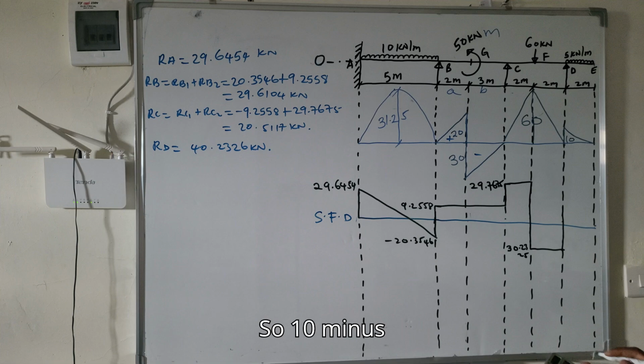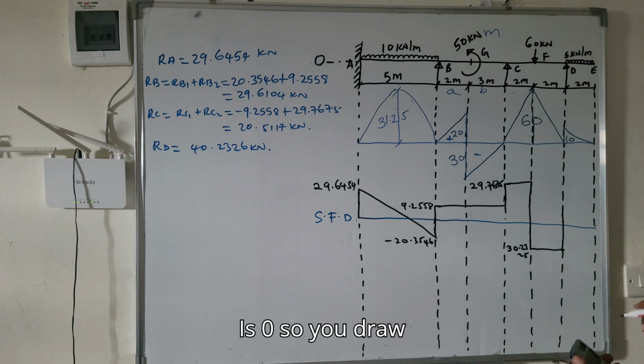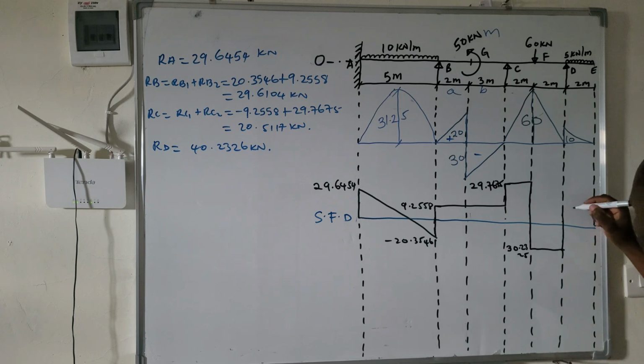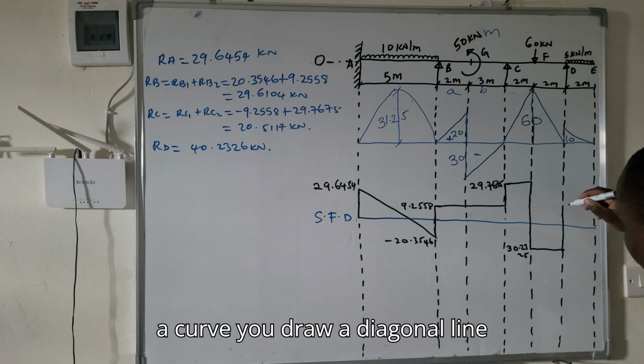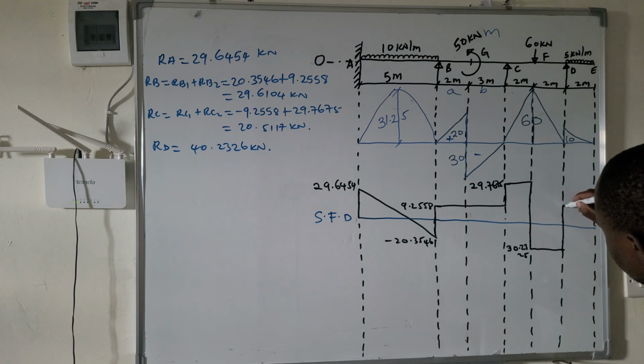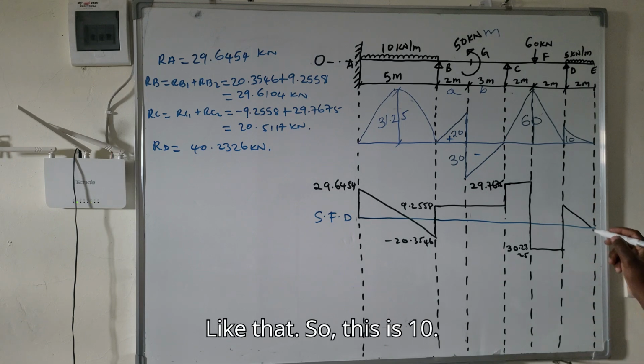So 10 minus 5 times 2, which is 10, is 0. So you draw a smooth curve. No, not a curve. You draw a diagonal line like that. So this is 10.